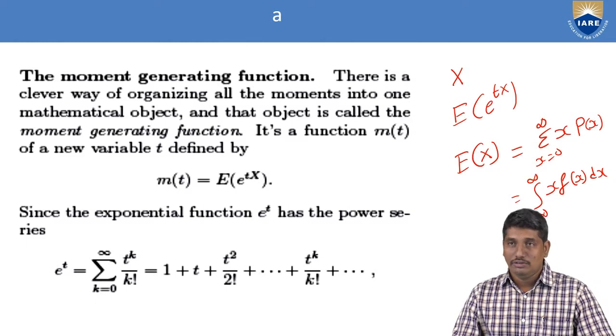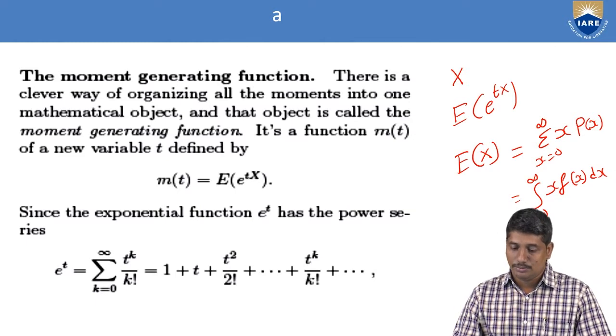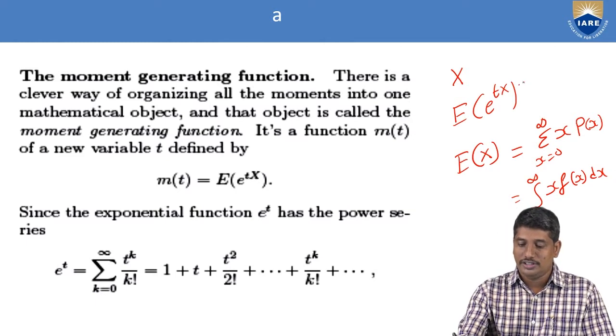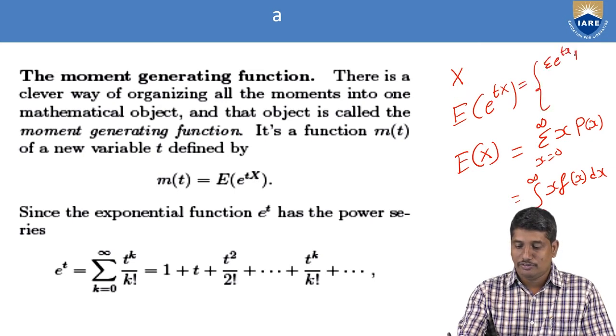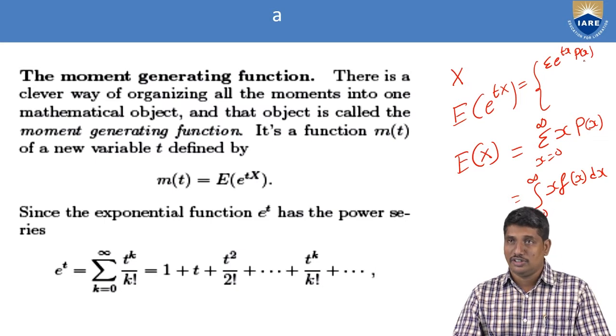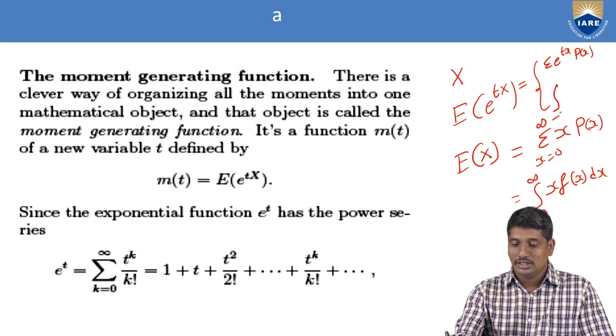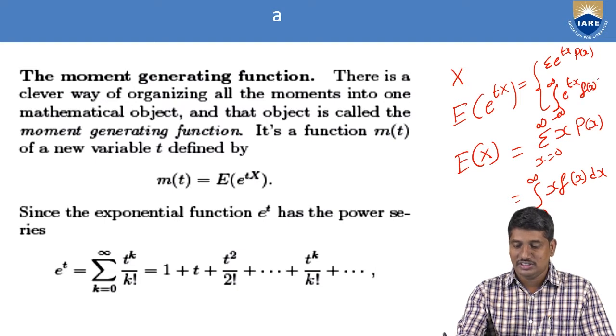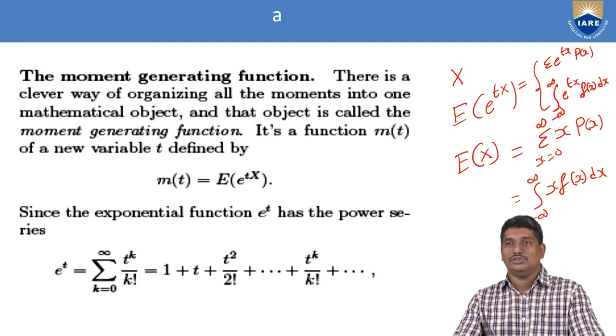With the motivation of expectation, we can also define this as the summation of e^(tx) p(x) in case of a discrete random variable, and the integral from minus infinity to infinity of e^(tx) f(x) dx in case of a continuous random variable.